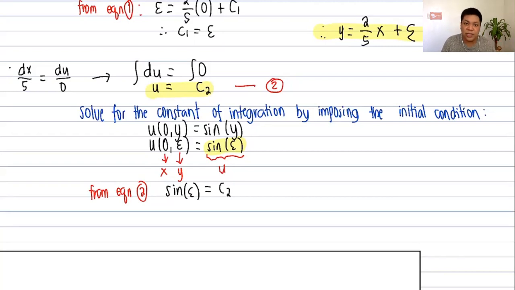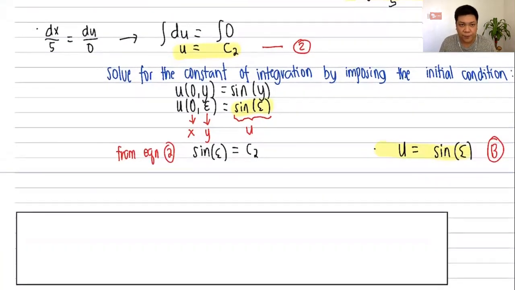So that's actually the value of my constant of integration. Therefore, I can now rewrite equation 2 as u equals C2, which we have found to be sine epsilon. This is now what I should label as equation B. Are there any questions?